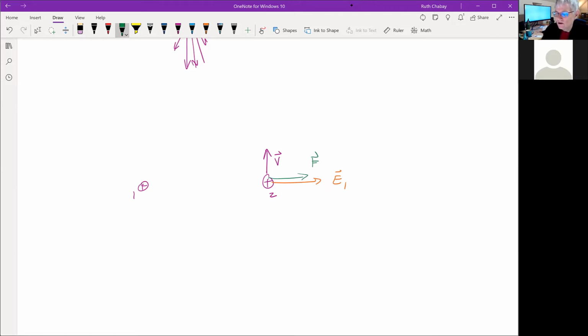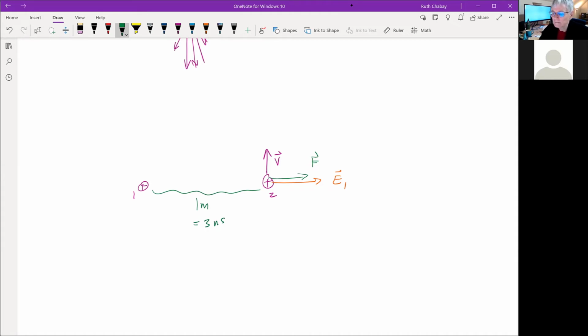At this location, what's the field due to particle 2? We want E2. Well, it actually doesn't point away from its current location. If this is, say, 1 meter, the speed of light is basically a nanosecond per foot, so 1 meter takes 3 nanoseconds.